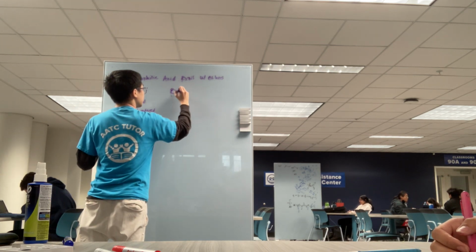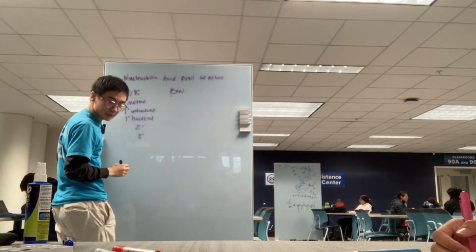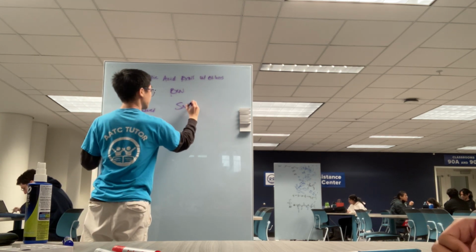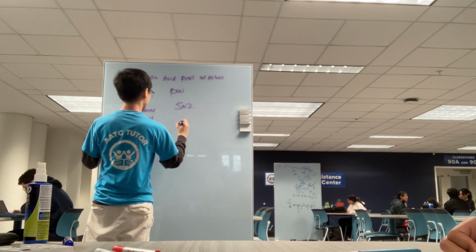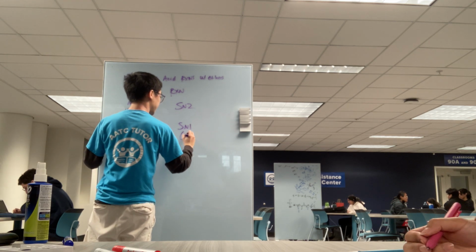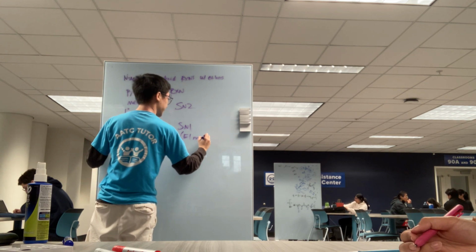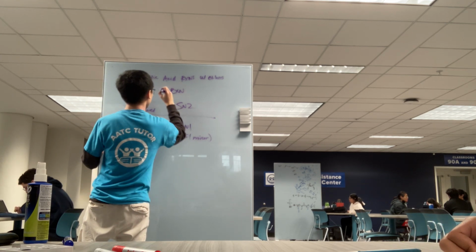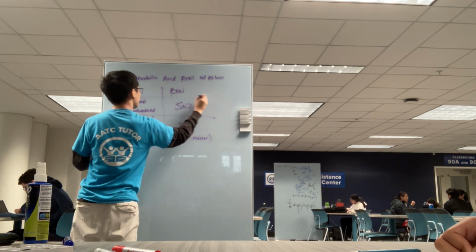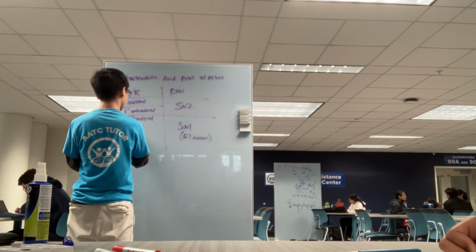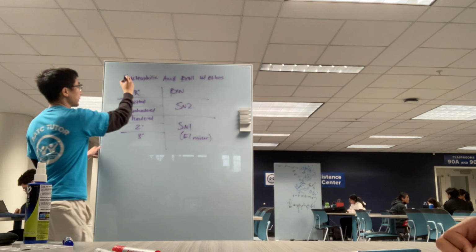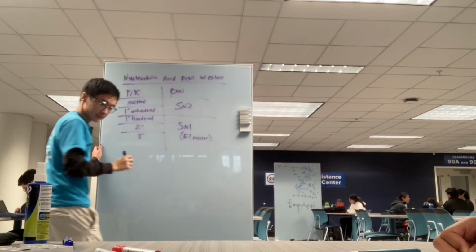And the reaction that you're going to have is going to be either SN2 or SN1, where E1 is minor and SN1 is major. So that's the reaction with nucleophilic acid reactions with ethers.